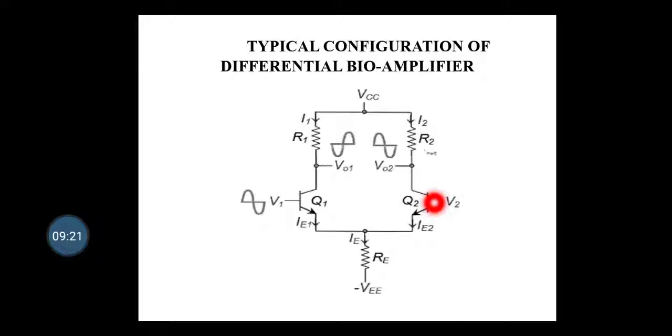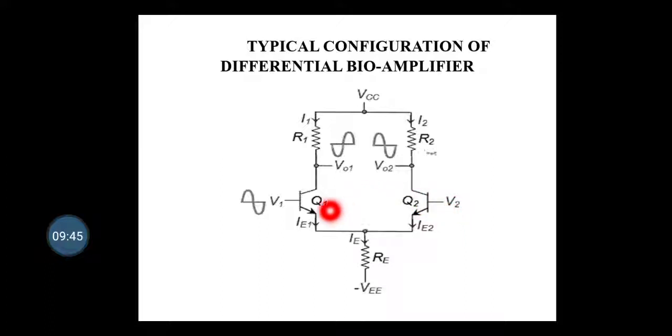In common mode we are going to connect the source, that is, this voltage source will be connected to the Q1 BJT, or the Q1 BJT source will be connected to this Q2 BJT. So the BJTs work on the same voltage.